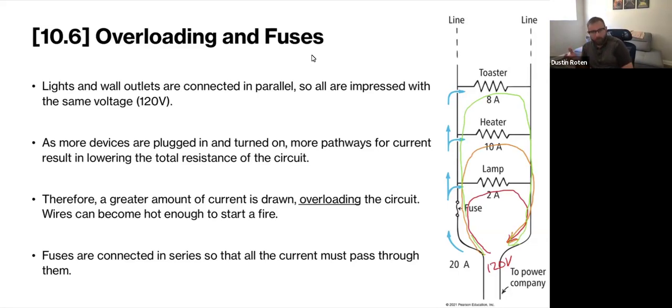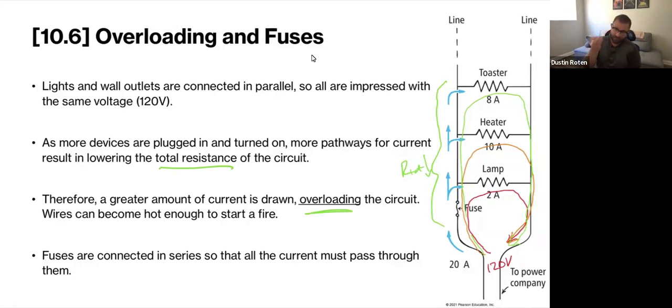So the more devices we plug in and turn on, the more pathways there are for current. So this is going to keep making it more convenient for current to flow. Therefore, the total resistance, the big resistance of this whole thing, is going to drop. So our total is going to go down. Now, what happens is if the total resistance becomes too small, then we're going to have overloading.